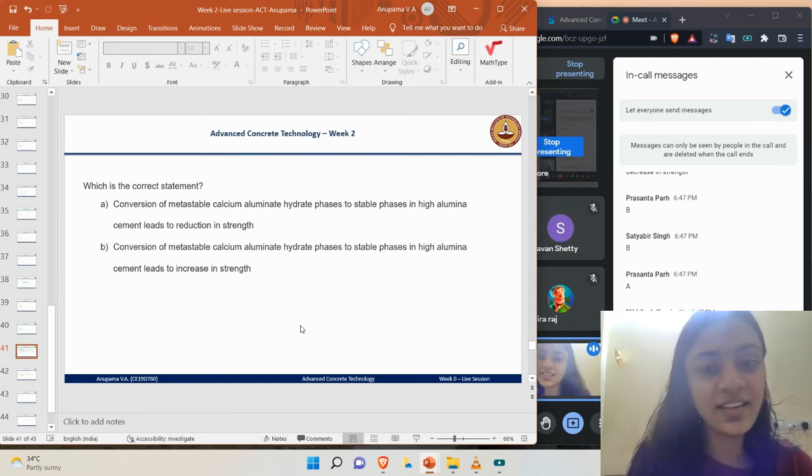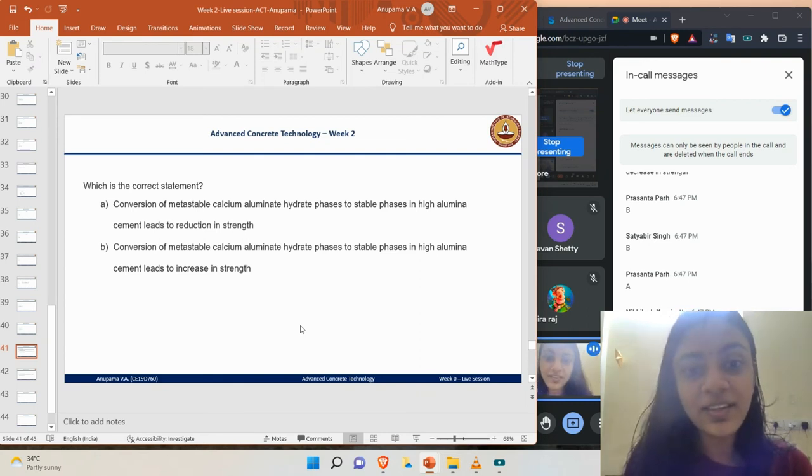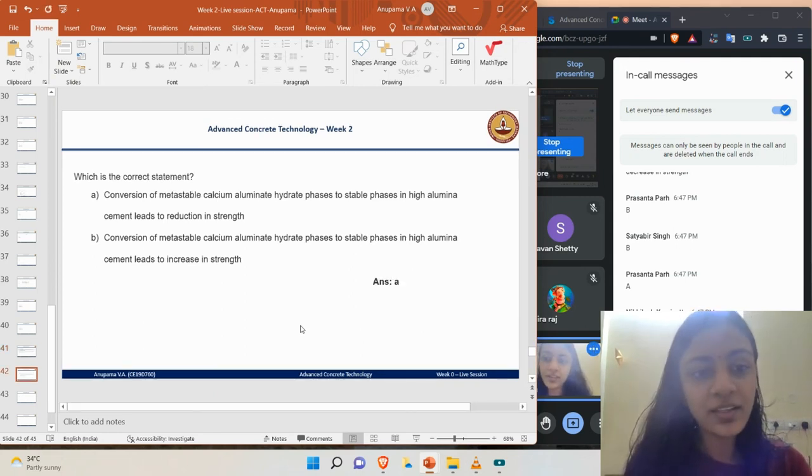As a result, there is strength reduction. So the correct answer is A. We tend to think that when the system becomes more stable, strength increases, but no, more porosity is introduced and the strength reduces.